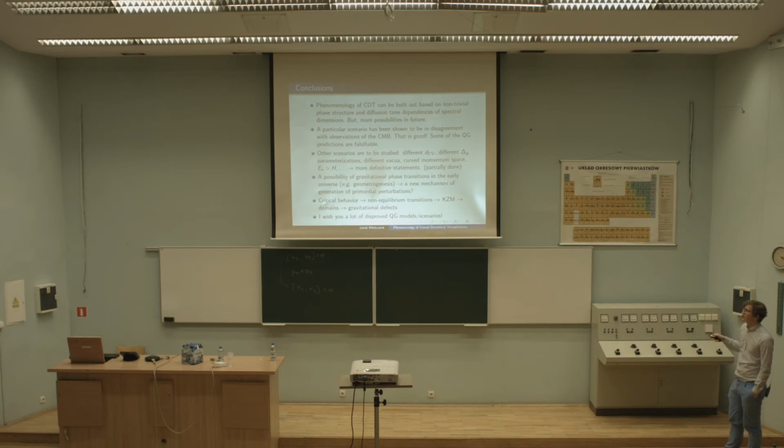We have the phase transitions, which is kind of a new possibility, but at the moment we don't see any direct mechanism to generate a nearly scale invariant spectrum of primordial perturbations here.